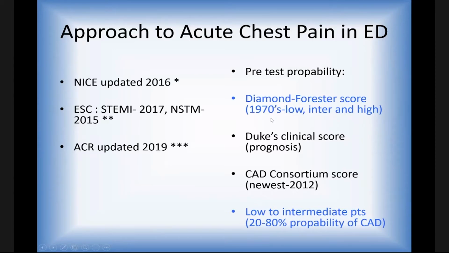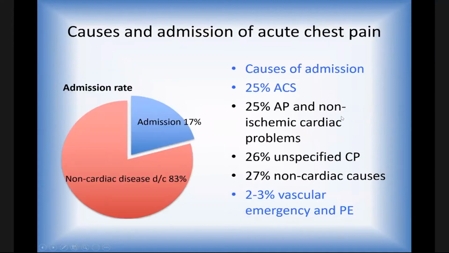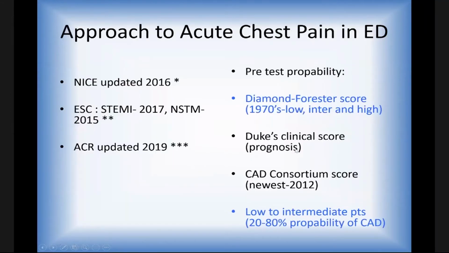It was invented in 1970, so it's the oldest. We also have the Duke clinical score, which divides patients into the same categories and also gives the patient prognosis. And the last one, the newest, is the CAD consortium score, from 2012.